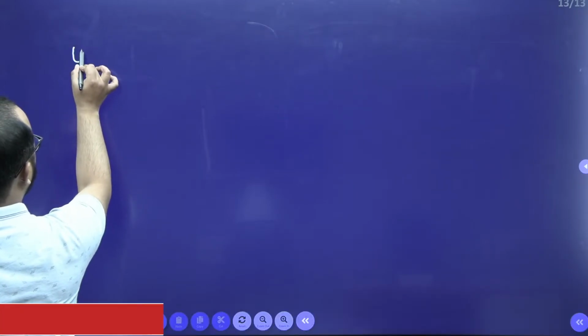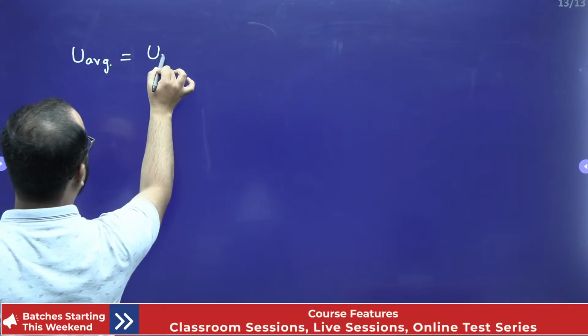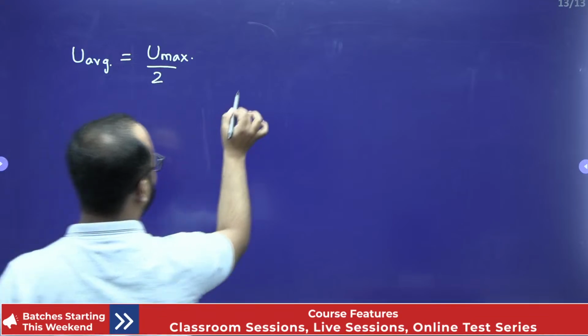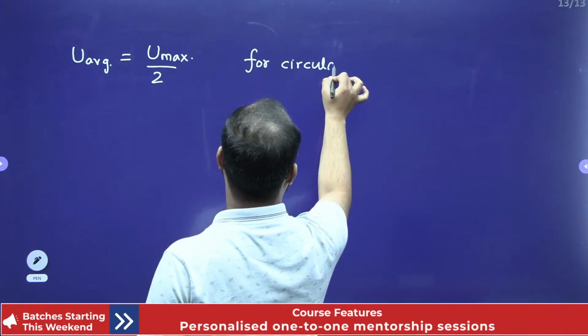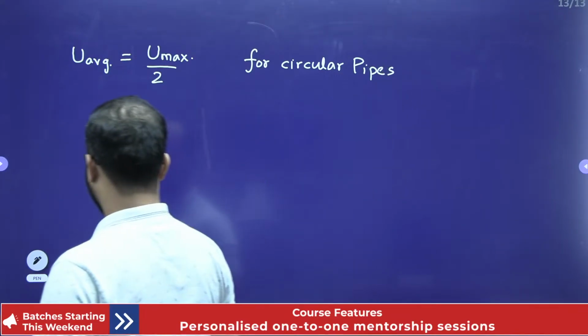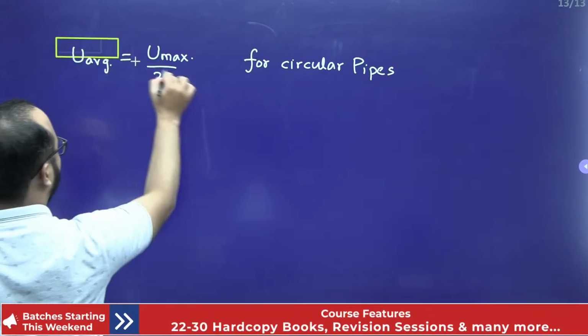So, u average equals u max by 2, for circular pipes. Whenever you are having a laminar flow through a circular pipe.